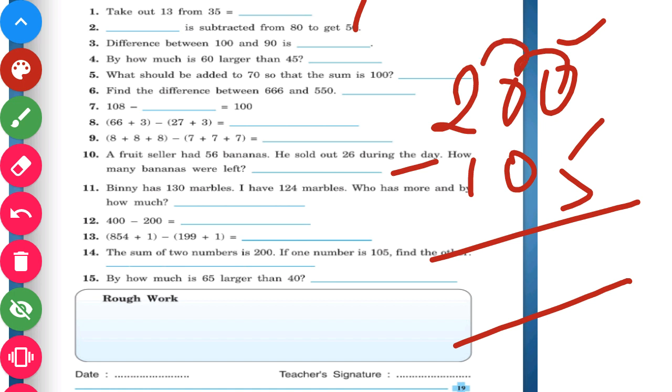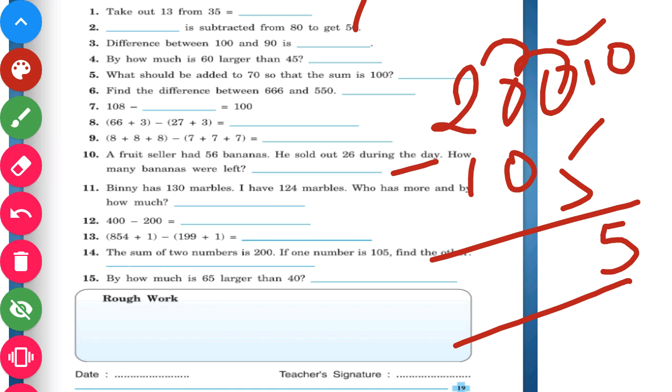This 2 will give 1 to tens place and this tens place, which is 0, will become 10 and it will give 1 to ones place. So this will become 10. Now 10 minus 5 we will get 5, and as this tens place was having 10 and it has given 1 to ones place, this tens place has become 9.